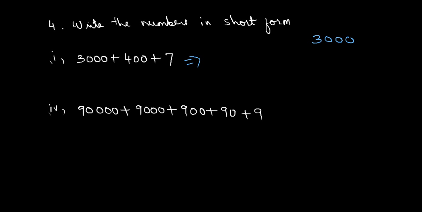Then add the next number in the units place. When you add all these, 0 plus 0 plus 7 is 7, 0 plus 0 is 0, 0 plus 4 is 4, and 3 comes as it is. So the number is 3407.